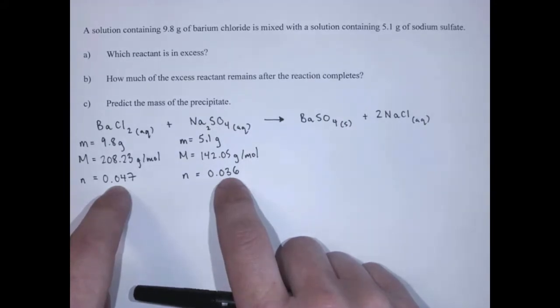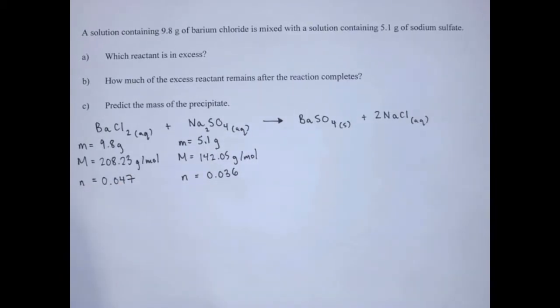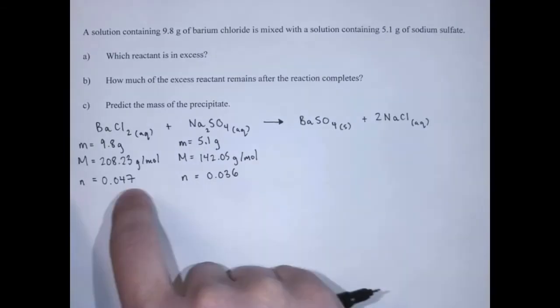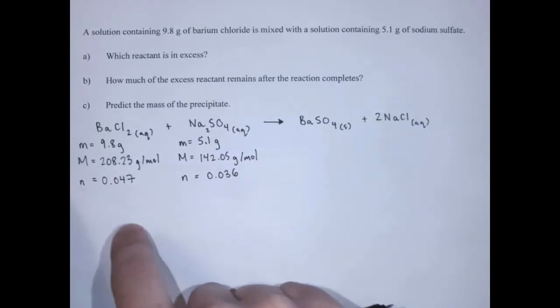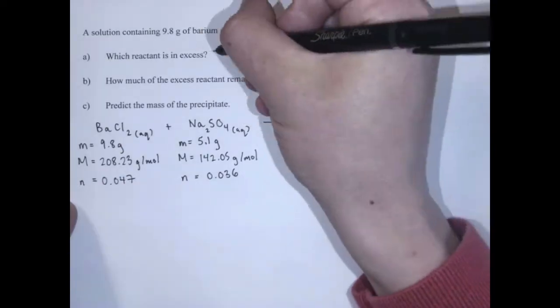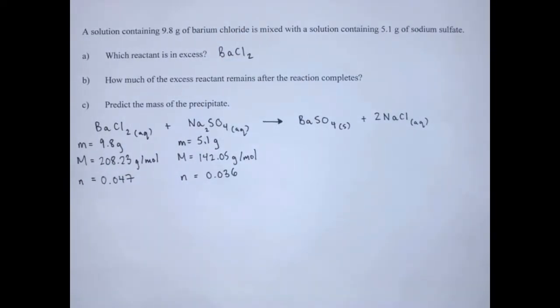So with this mole ratio, you can just look at this and say, this is lower. I don't have enough of this to react with all of the barium chloride. That means sodium sulfate will be the limiting reactant and barium chloride will be the excess reactant. So I can tell already that it's going to be barium chloride. But there is another way.